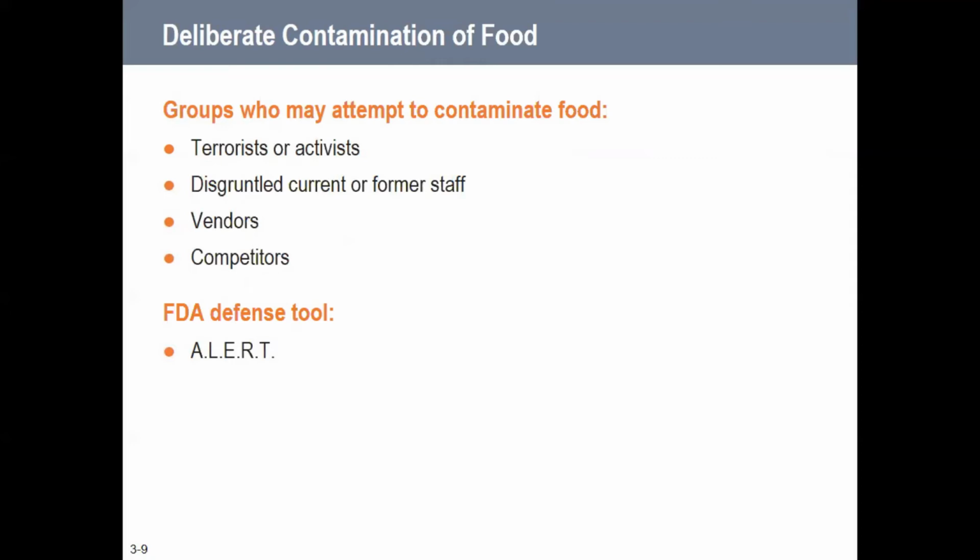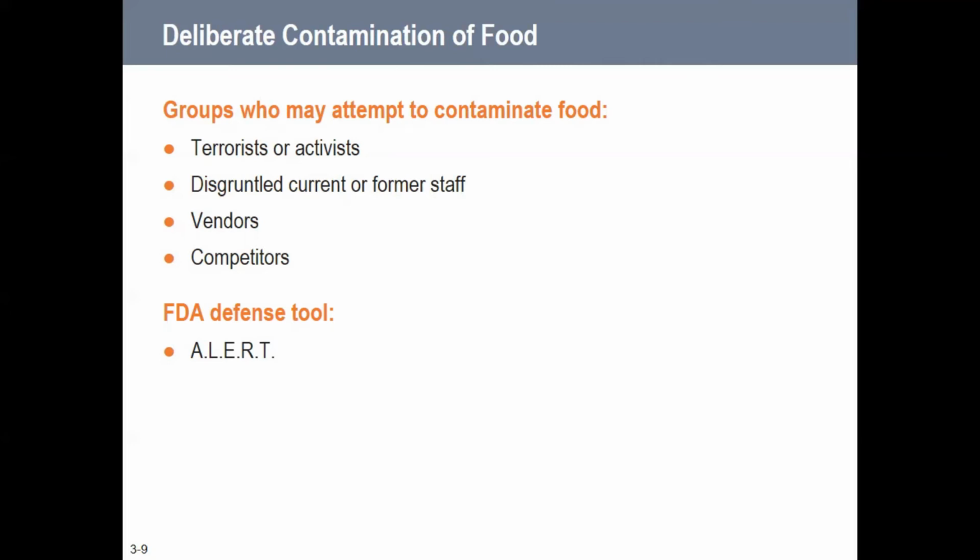First and foremost, because of terrorist activity or activists. But then something that, behind the scenes, you never thought about necessarily, disgruntled current or former staff. They're deliberately contaminating, they're spitting in the food, or they're putting chemicals in there on purpose, things along those lines, because they're disgruntled.